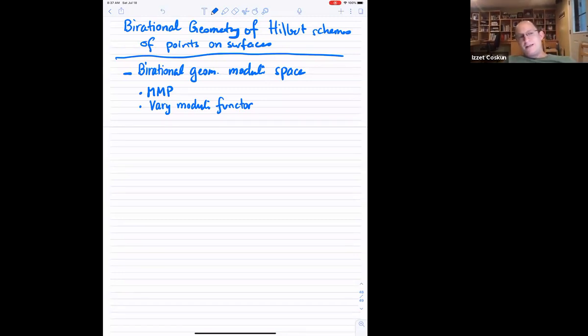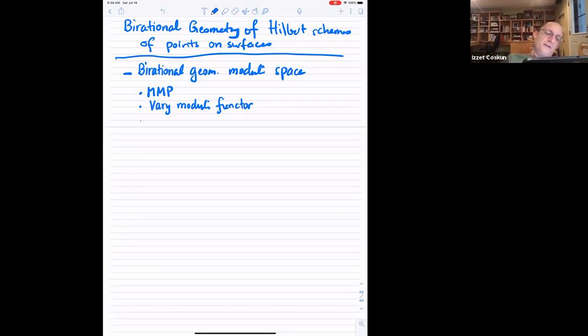But you could change that. Maybe you don't want to allow just nodes, you want to allow cusps and things like that. So you can change the objects that you're parameterizing. Or if you're talking about the moduli space of sheaves on a surface, remember that stability depended on an ample. So you could vary the ample and things like this, and try to get slightly different moduli spaces.